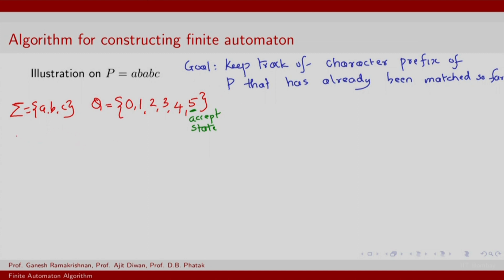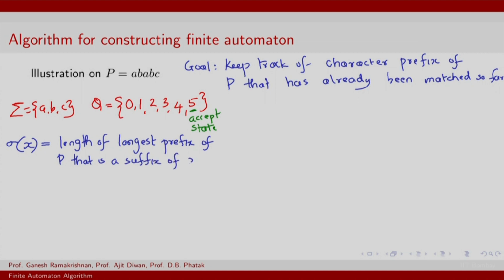So, given any input sequence x, I am going to define a function sigma that takes as input x and outputs the length of the longest prefix of P that is a suffix of x. Now, what is this x?